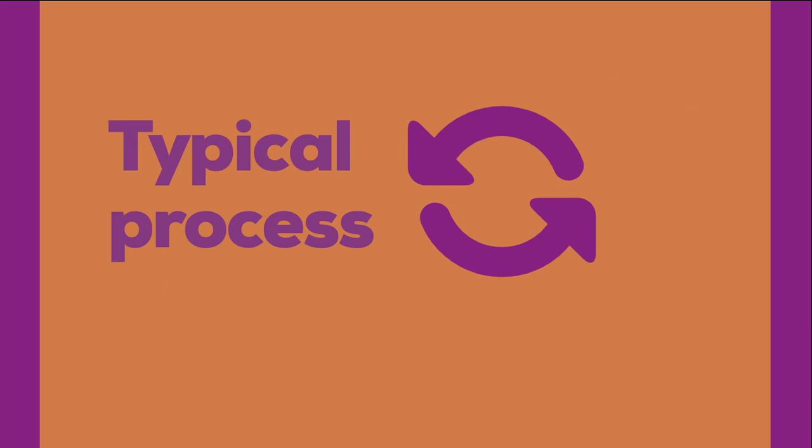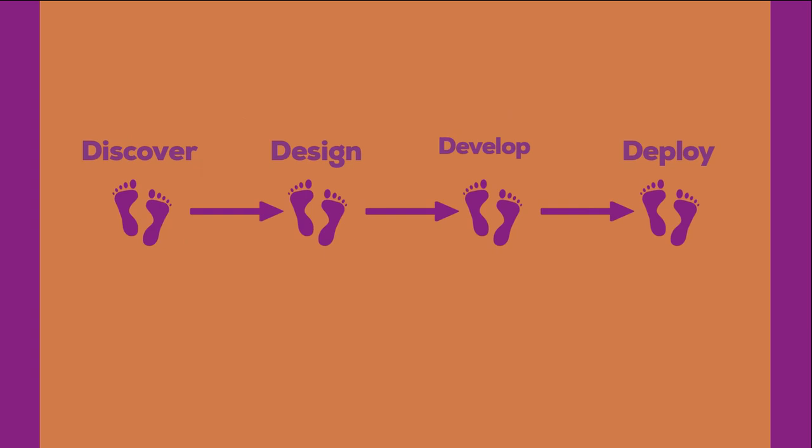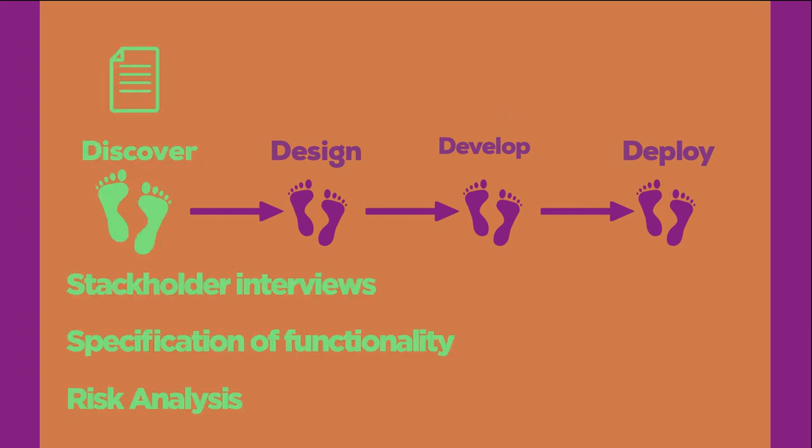So let's talk about the typical process. We can use this to understand why rapid prototyping is very important. In Sealy, we do it mostly with our customers. In the first stage, you're in a discovery stage. You start interviewing stakeholders, trying to understand what the project is about and what we are going to do.